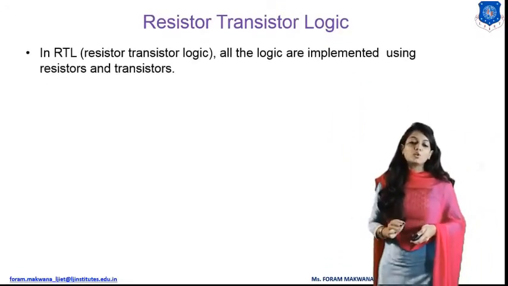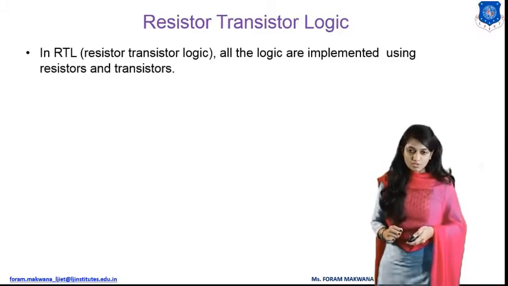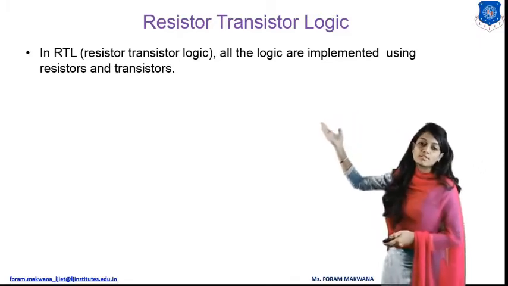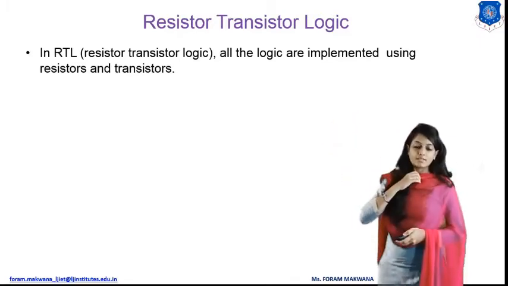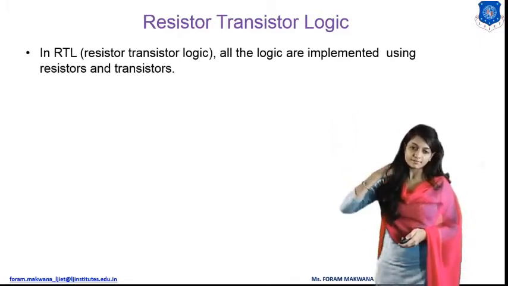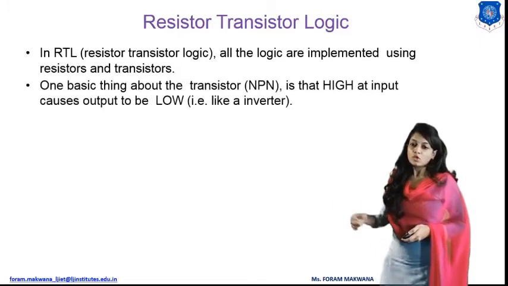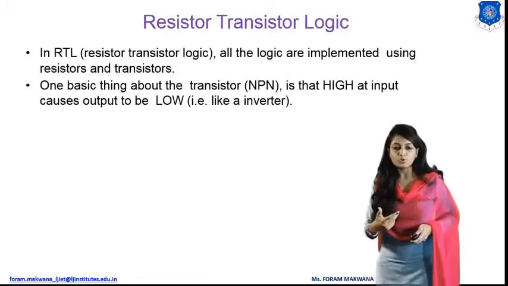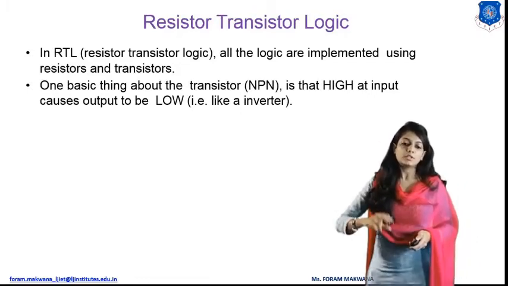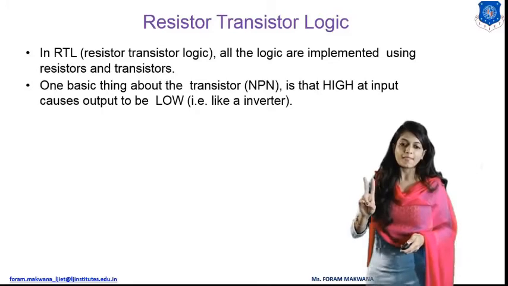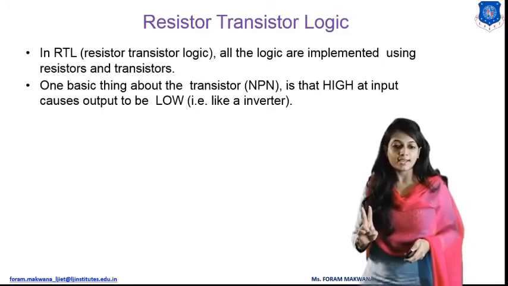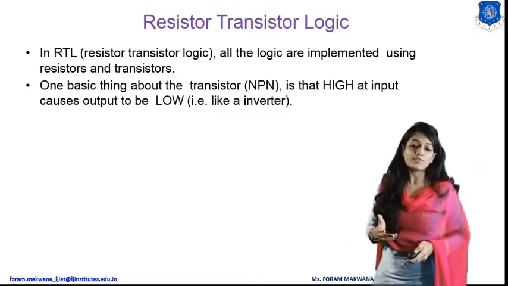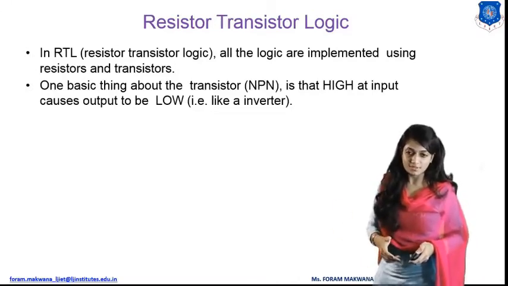Now, what do you mean by resistor transistor logic? All the logic, as I have told you, is going to be implemented using resistor and transistor, right? One basic thing is which type of transistor I am going to use. We know that there are a total of two types of transistor. The first one is NPN, the second one is PNP, right? So what is the use of NPN and what is the use of PNP transistor?